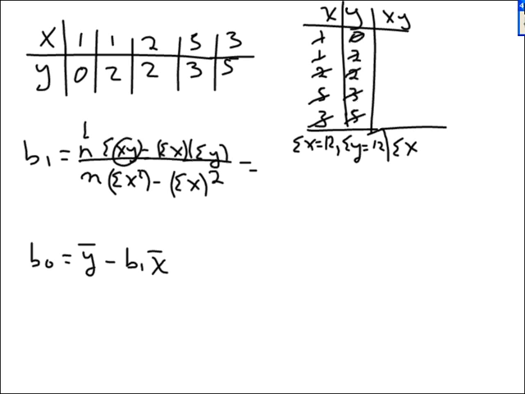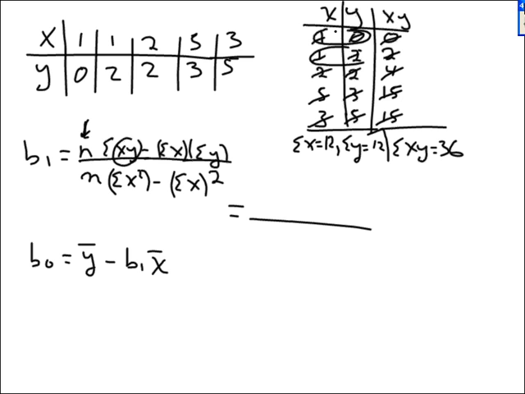Now I'm going to add up xy's. You multiply x by y. 1 times 0 is 0, 1 times 2 is 2, 5 times 3, 5 times 3. 30, 4, 36. Oh, let me put the answer down here.